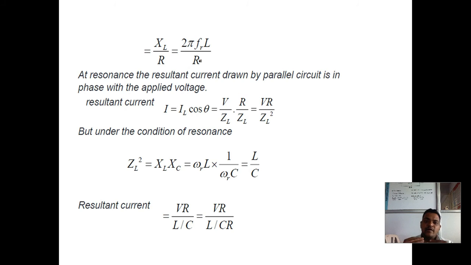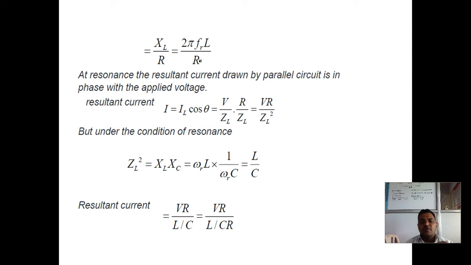So resultant current I is equal to IL cos theta, which is equal to V upon ZL into R upon ZL. So V upon R, V into R is nothing but the current flowing through the resistor, and ZL is the square root of R square plus XL square.